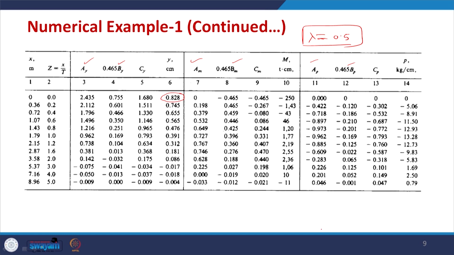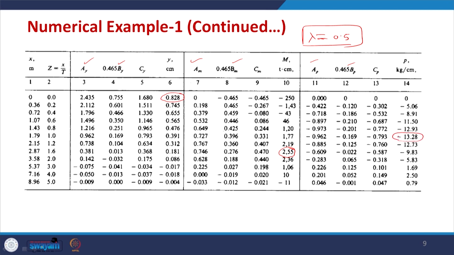Then this is the maximum deflection. If I look at the moment, the value is 250 at the top, then it decreases, and then you get the maximum value 255. While for the soil reaction, the maximum value comes at 13.28 at this point.